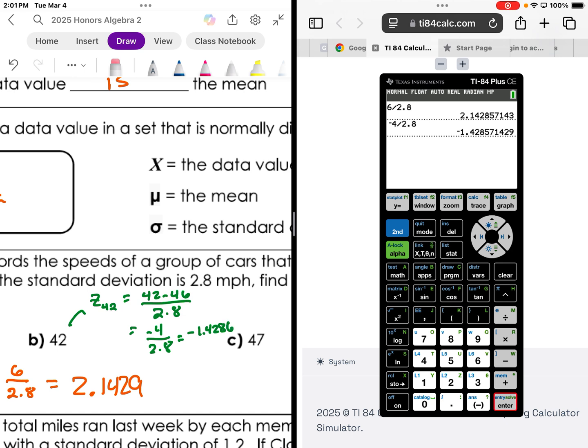So a speed of 42 miles an hour is 1.42 standard deviations below the mean, based on the mean being 46 and a standard deviation of 2.8. Having a speed of 42 miles an hour lets us know that you're 1.4 deviations below the mean. Whereas the 52 miles an hour was 2.14 deviations above the mean, based on that data.